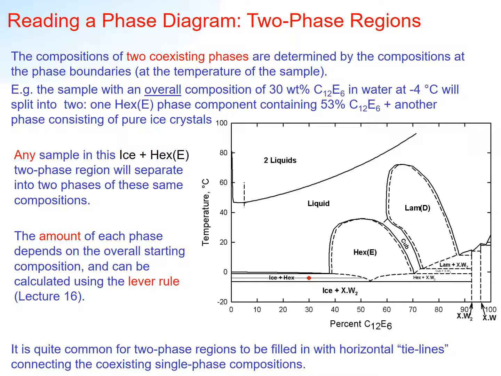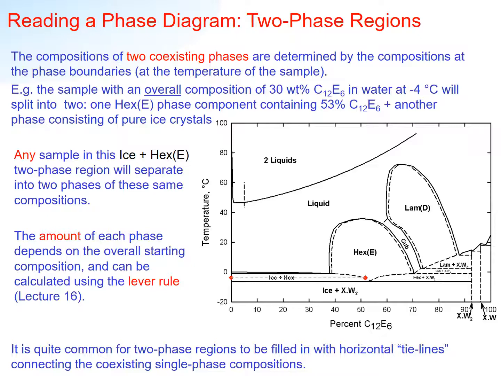So ice plus hexagonal phase, for example, forms hexagonal phase with this composition, and ice with this composition, pure water. The amount of each phase will vary depending upon the starting composition along this line between those two phase boundaries. And you can calculate the amount of each of these using the lever rule, which you met, I think, back in lecture 16.